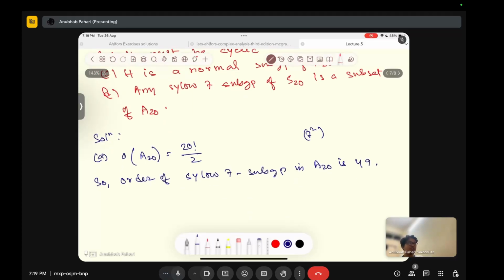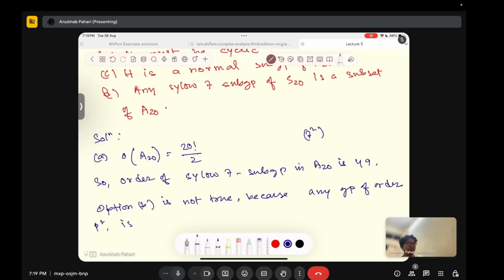But option B is not true, because any group of order p squared is either cyclic or abelian, like Z_p squared or Z_p plus Z_p.